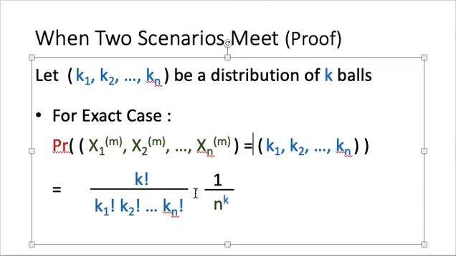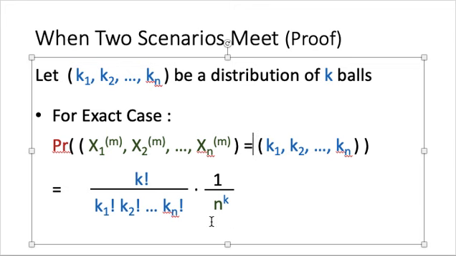And each particular selection occurs with probability 1 over n to the power k, because for the first ball that we need to put into the first bin, there will be a 1 over n chance. For the second ball to be put into the first bin, there will be a 1 over n chance, and so on and so forth. So for each ball that we want to put into the desired bin, it occurs with probability 1 over n.